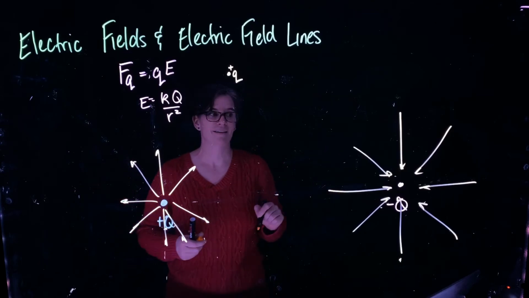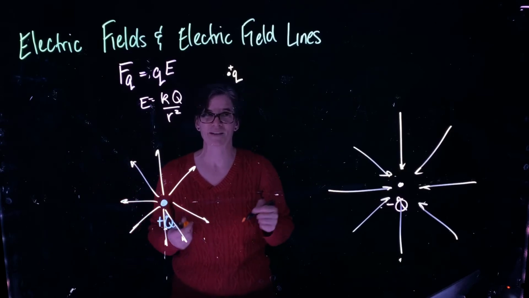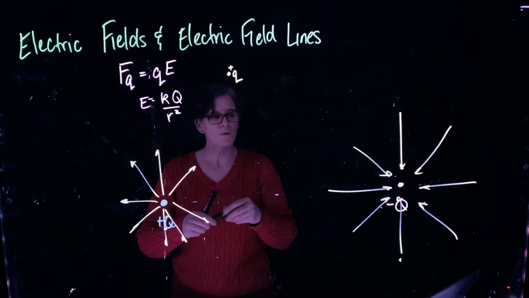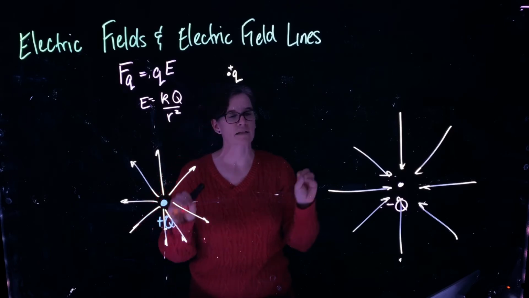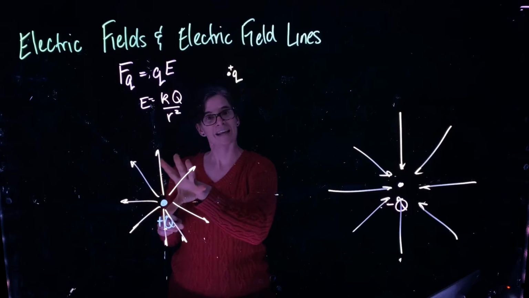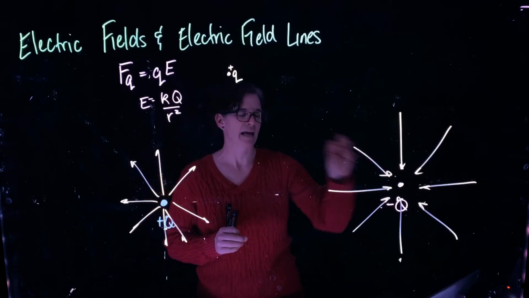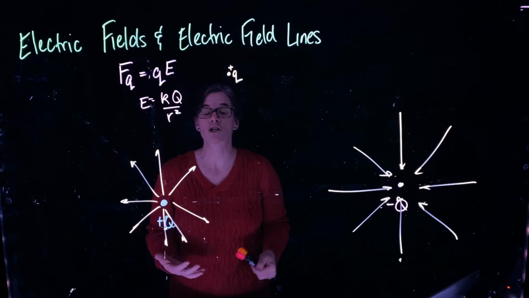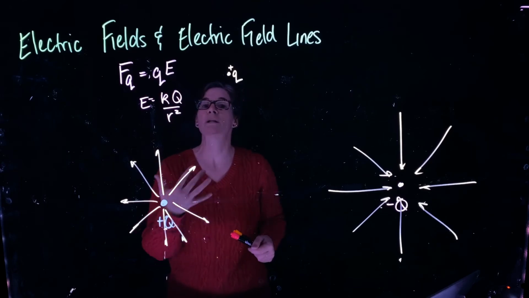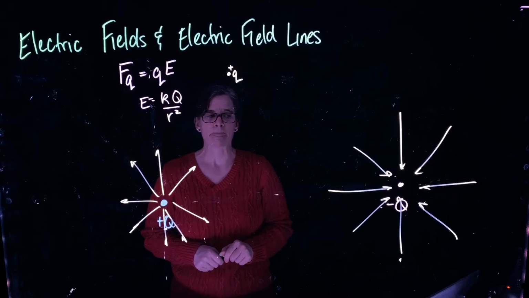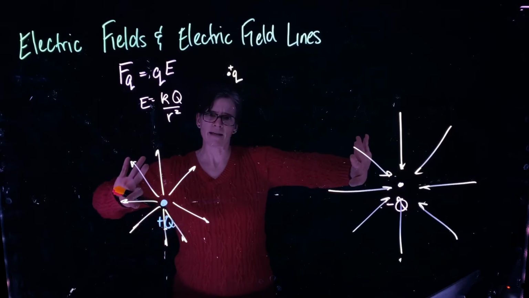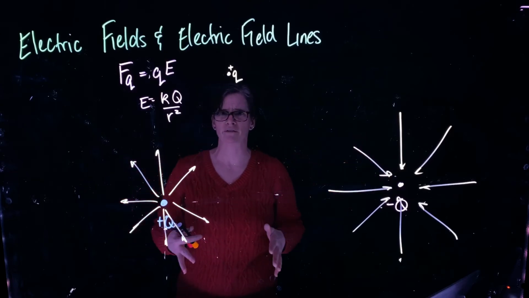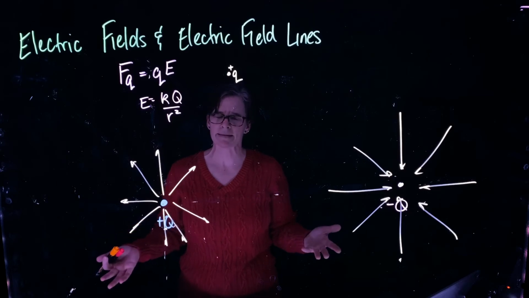The further away, the lesser the field. So we represent electric field lines on point charges as radiating out for positive charges and in for negative charges. And we can deduce that based on our understanding of how a charged particle, test particle Q, would experience a force. So that's all great for independent point charges, but what if we have two charges in the same space?